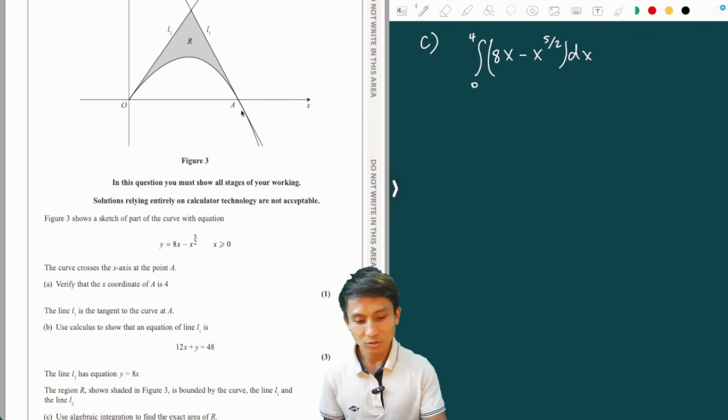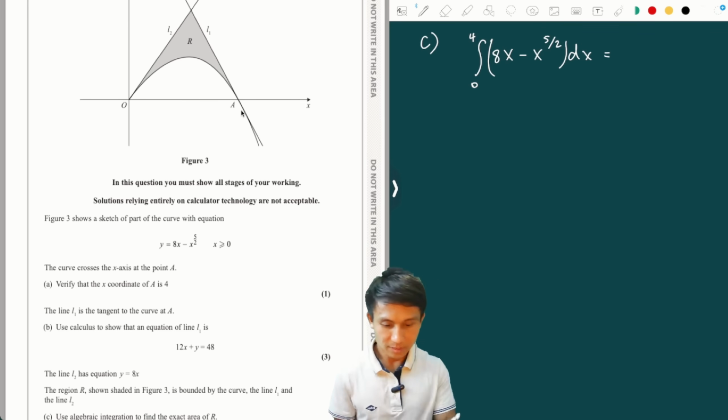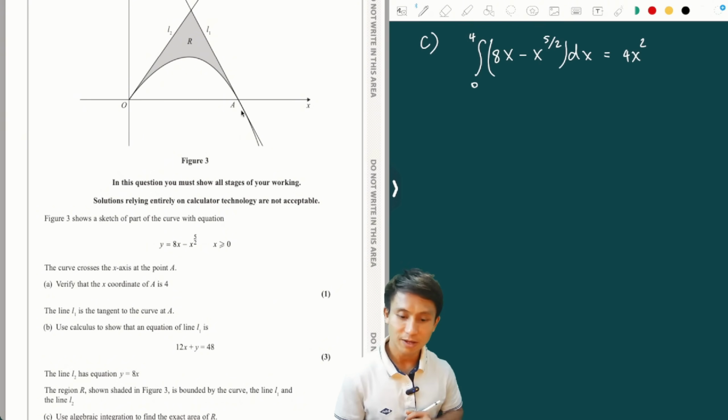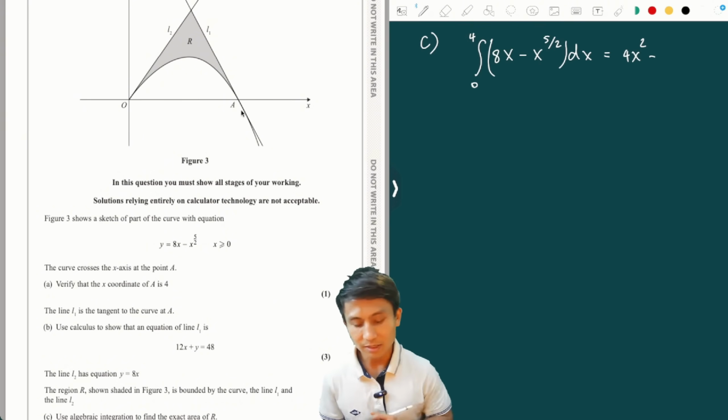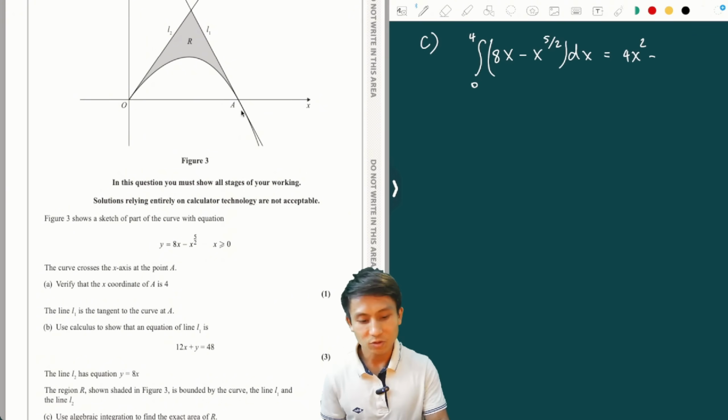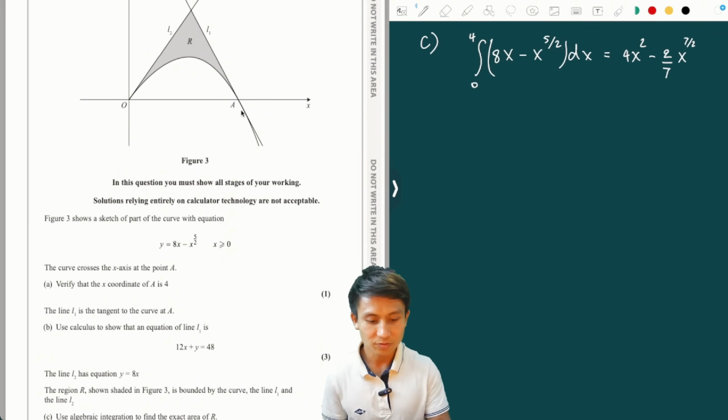Yeah, so that is integrating 8x, we get 4x squared, right? Divide by 2, don't forget. And integrating that, the power added by 1 becomes 7 over 2. And you divide by that, you get 2 over 7, x to the power of 7 over 2. You just sub the bounds in, 0 and 4.